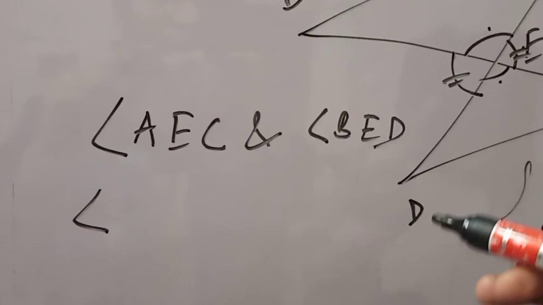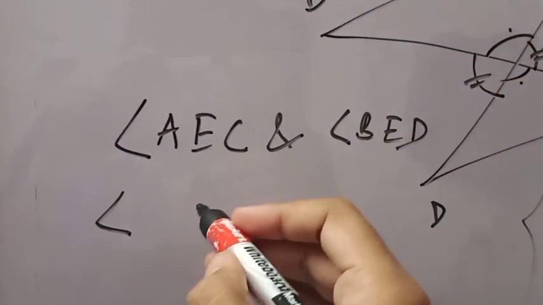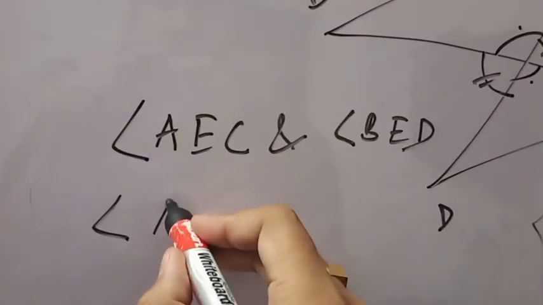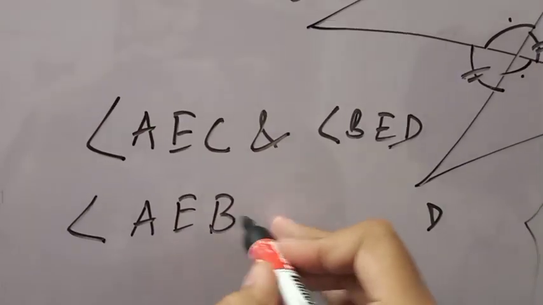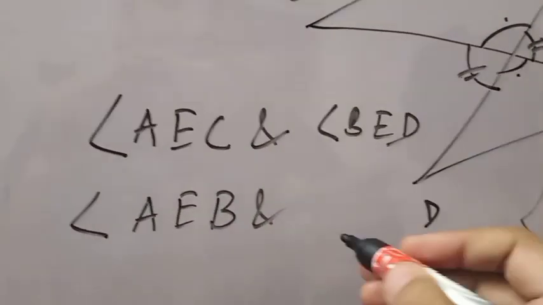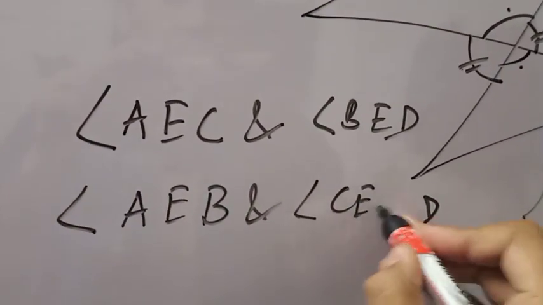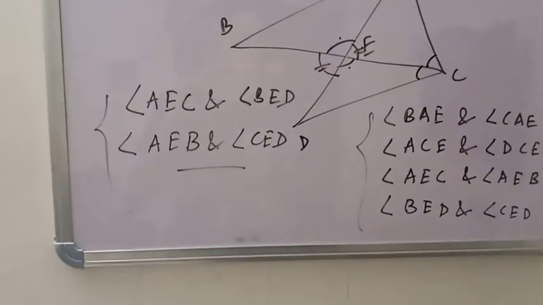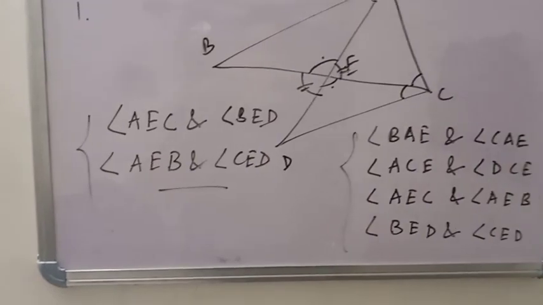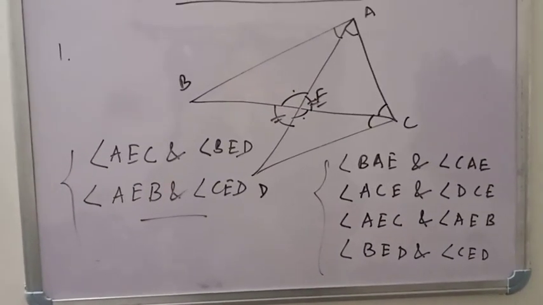Okay. And another one is AEB and CED. These are vertically opposite angles.